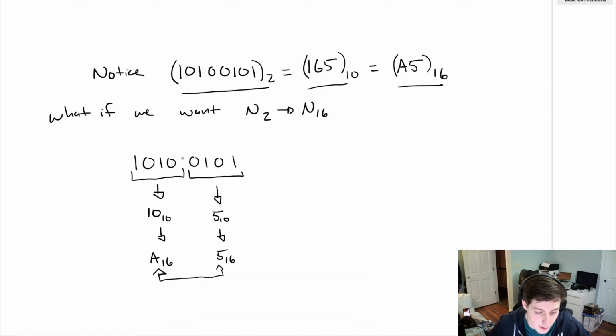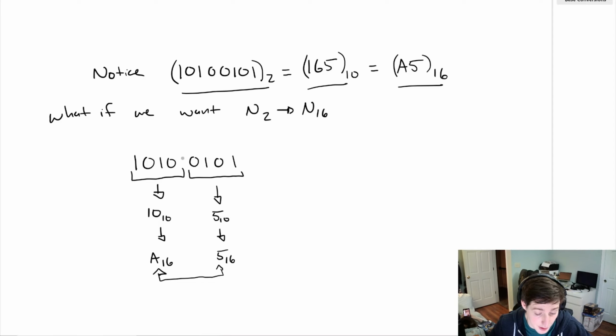So if we have a number given in binary, so 1010 0101, to convert to hex, we can group it in sections of 4, and we take the decimal equivalent of each of these 4 numbers. So in this case, this is 10 base 10, and the second grouping is 5 base 10.